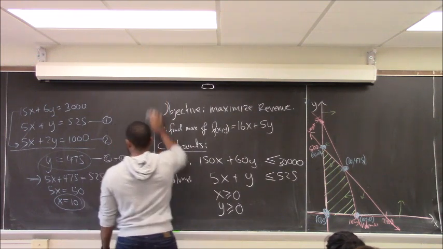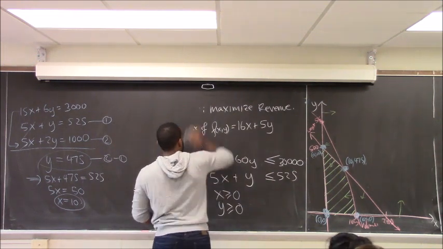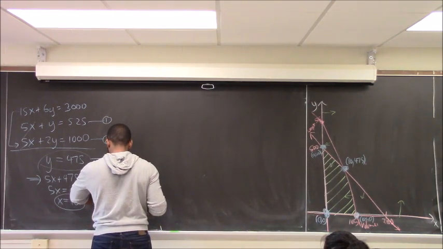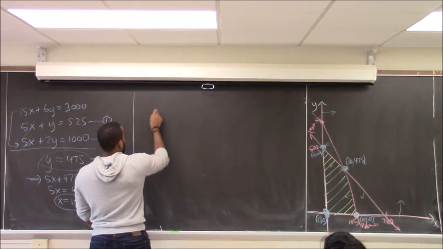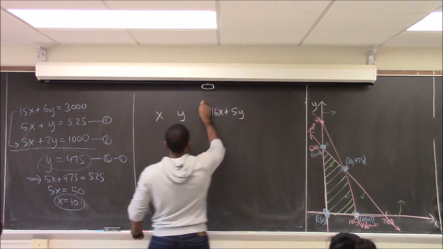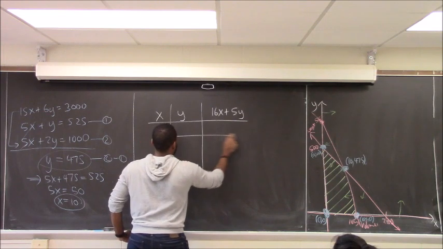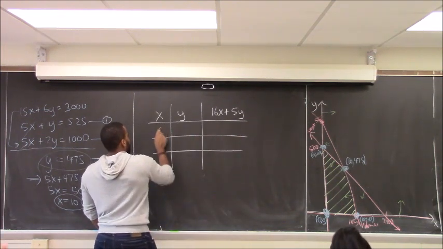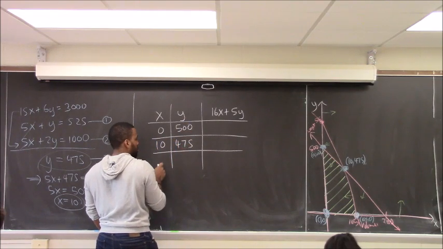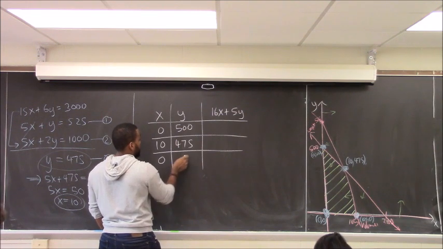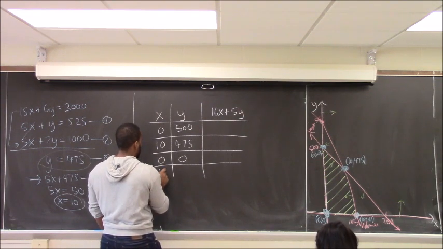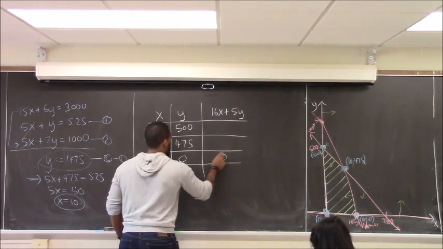And now what we're going to do is test all these points in this function, 16x plus 5y. Zero, you know that's not going to be it. 105 and 0 is going to give us 0.